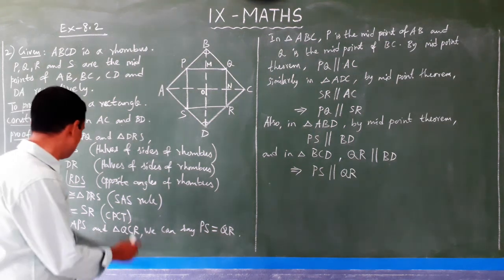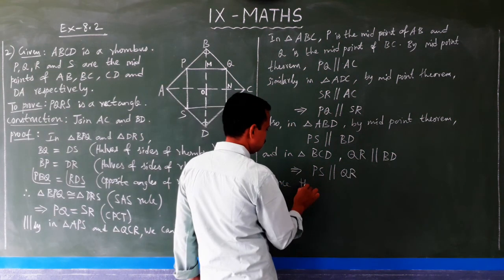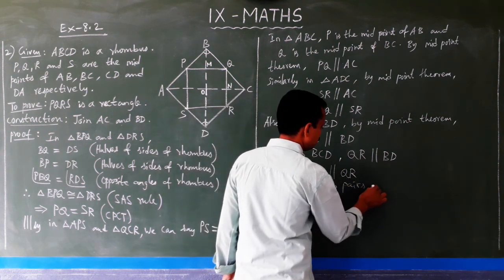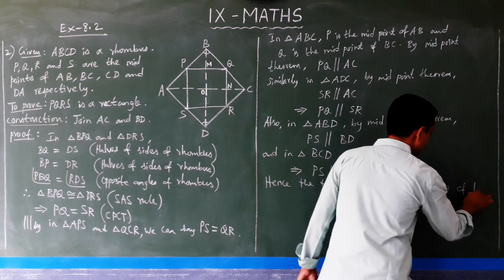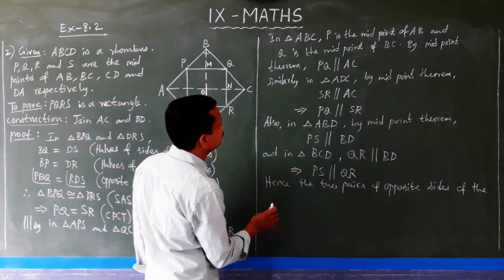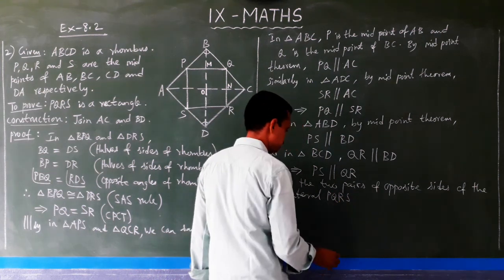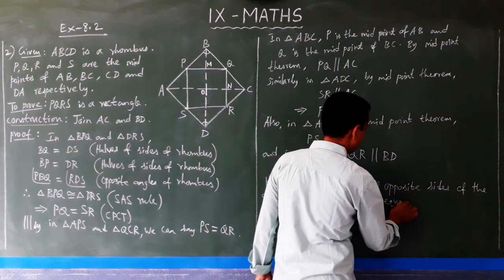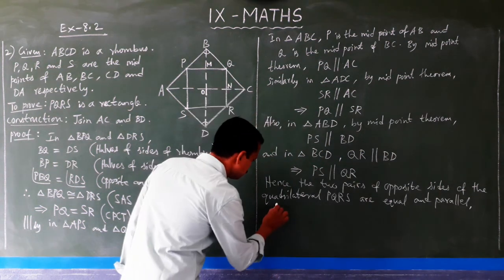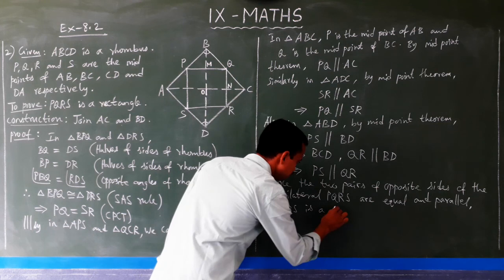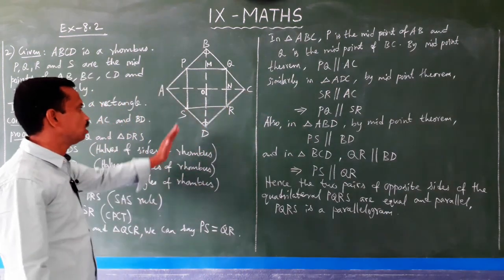So now by observing all these, hence the two pairs of opposite sides of the quadrilateral PQRS are equal and parallel, we can say PQRS is a parallelogram. Clear? So now we have proved that PQRS is a parallelogram.